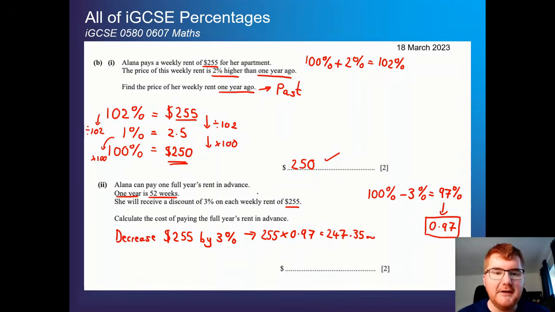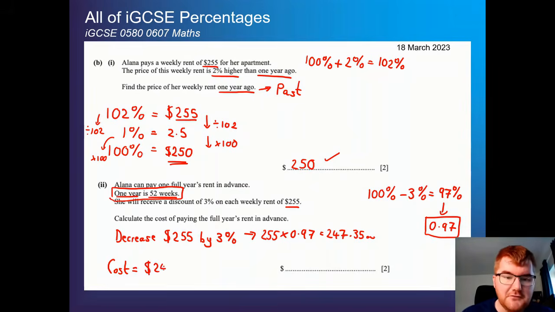because it's an exact value, and 1 year is 52 weeks. So notice that key underlining here of the question is really, really useful. So the cost is going to be this discounted rent of $247.35, and then we're going to multiply by 52 weeks. Now, good thing about keeping it in your calculator here is we can just press times 52. It will take the previous answer and use that.